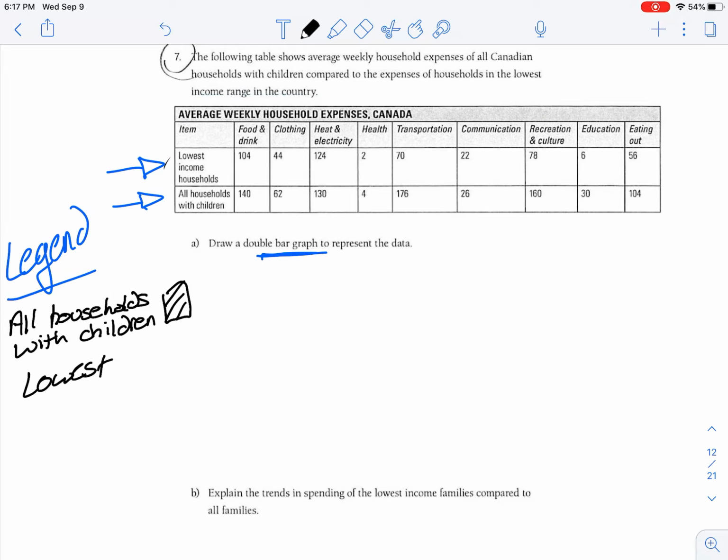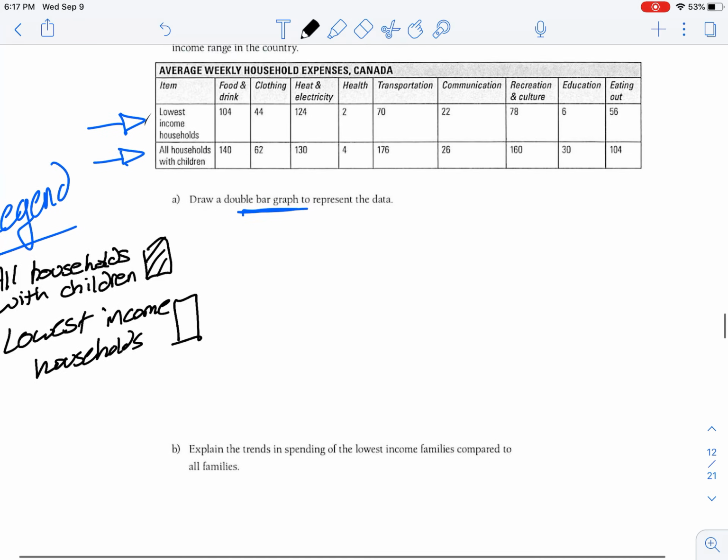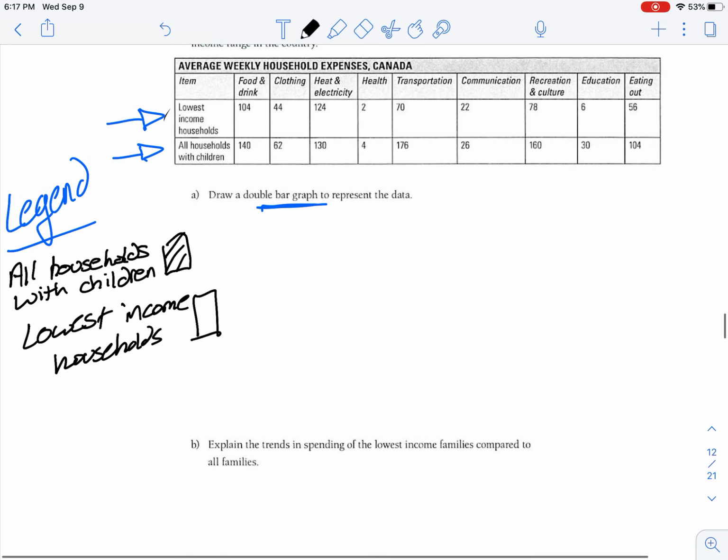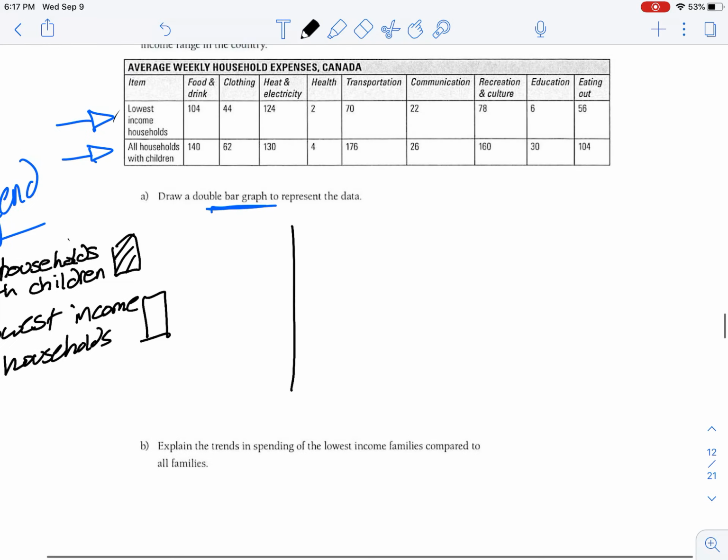For my lowest income households, I'm simply just going to leave it open. Okay. At this point, we don't have to rewrite this every time we draw a graph or a bar. Okay, we know exactly what it is.